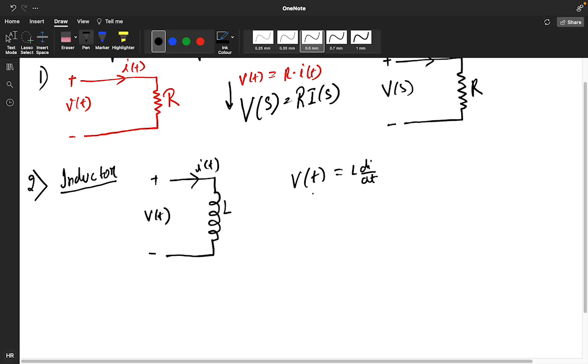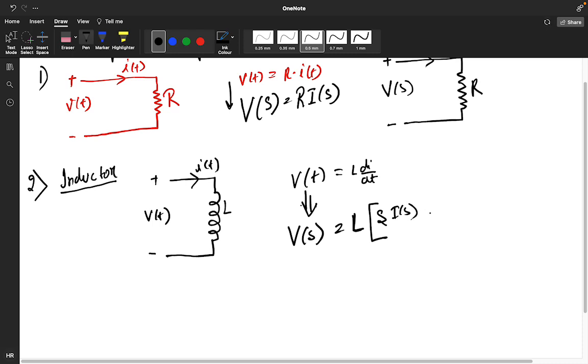So if you want to convert this into the Laplace domain, it will become V of S equals L times the Laplace transform of the differentiation. I told you yesterday itself, it will be S I of S. S will come and the I of S function will come.